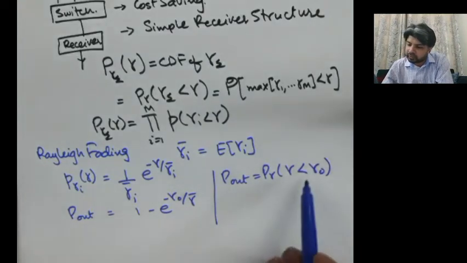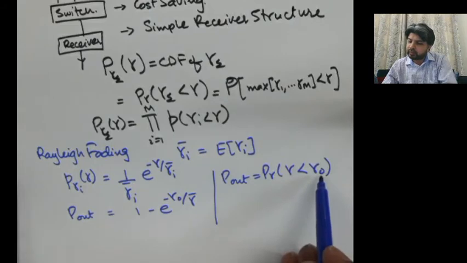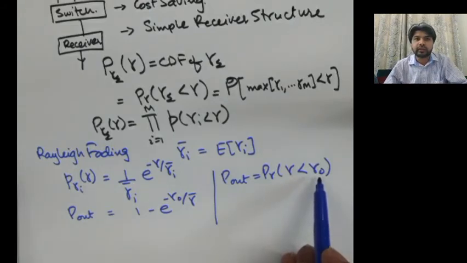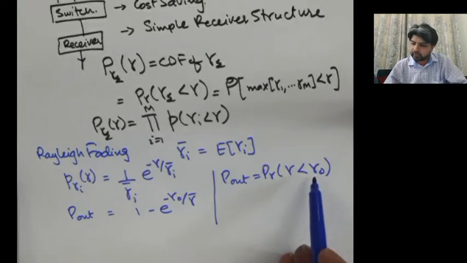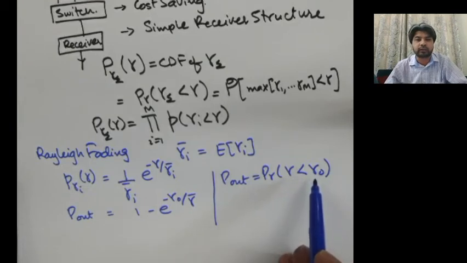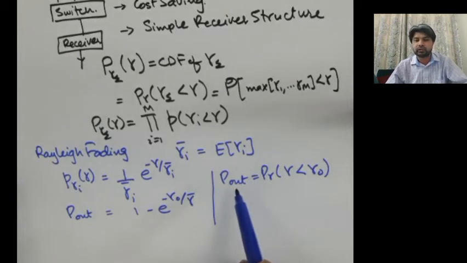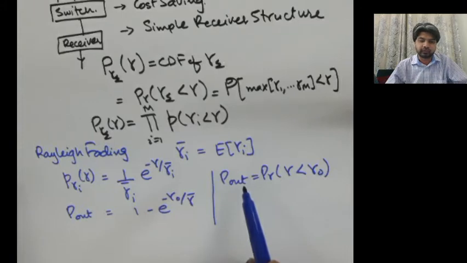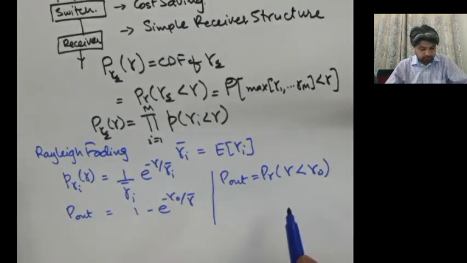If you're computing an outage probability, this gamma naught would be a fixed value. If that is not a fixed value, if this is a variable, then this P out would change to a CDF, right? So that we know already.